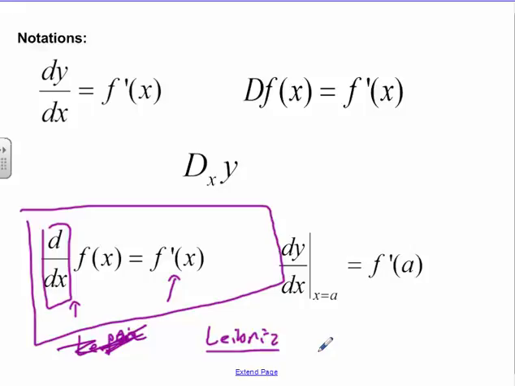They did it basically at the exact same time, only they didn't work together. They didn't copy off of each other as far as we know, but they both were working on the same concepts, and one started using one notation, one used the other notation. And I personally like Leibniz notation, so I'm going to be using this sort of thing. We use d's and dx's, but it means the same thing.